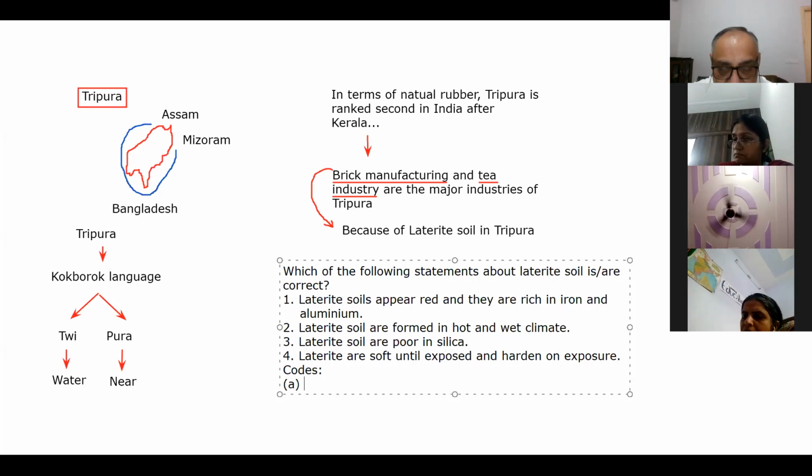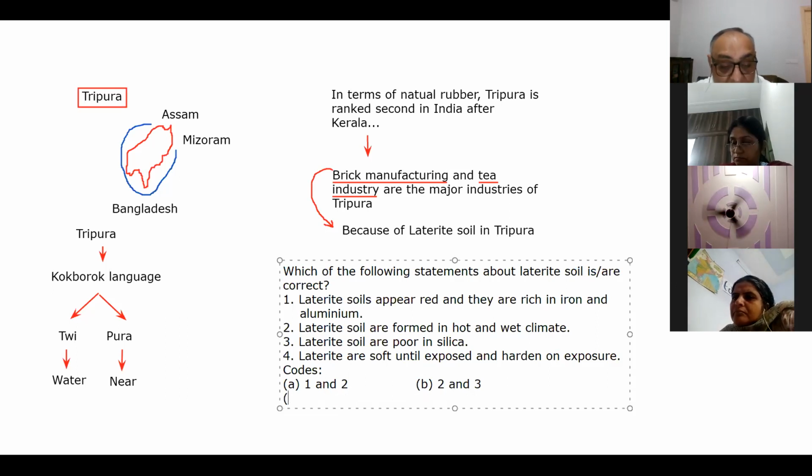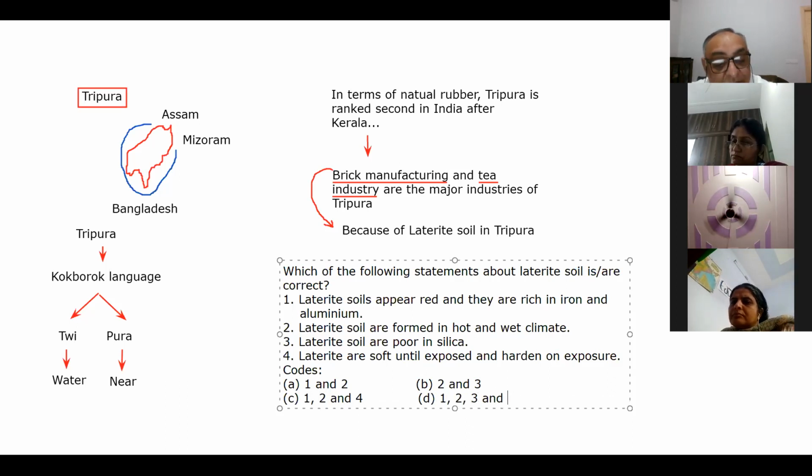The choices: 1 and 2; 2 and 3; 1, 2 and 4; and 1, 2, 3 and 4.